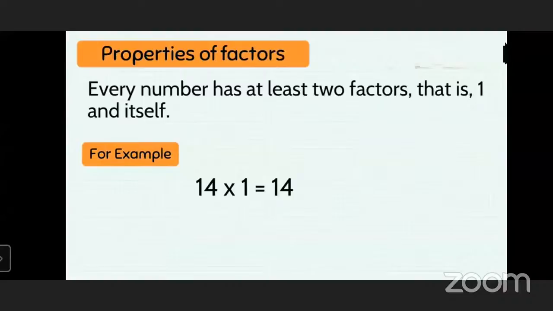In every number, 1 is always a factor. 15 ones are 15, 12 ones are 12, 13 ones are 13. 2 ones are 2, 3 ones are 3, 4 ones are 4, 5 ones are 5, 6 ones are 6, 7 ones are 7, 8 ones are 8, 9 ones are 9. Very good.